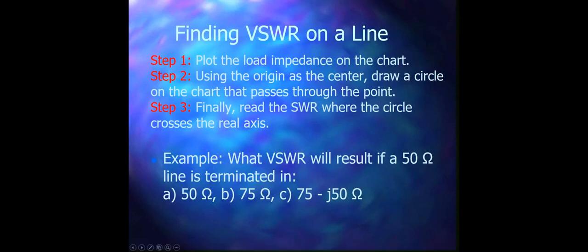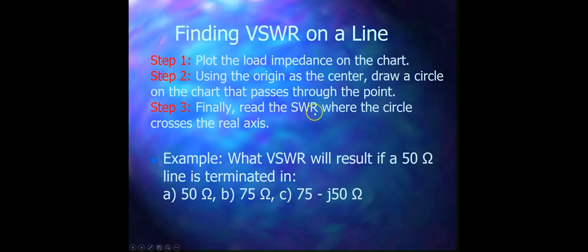Now next is finding the voltage standing wave ratio on a line, and these are the three steps to find the voltage standing wave ratio. First, you will plot the load impedance on the chart. Second, using the origin as the center, draw a circle on the chart that passes through the point, and here the point is on our real axis.